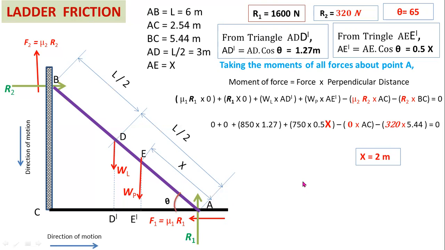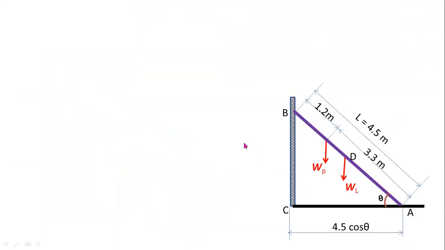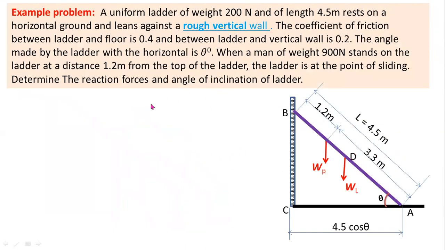Now, in a similar way, I'm going to explain another problem. This is the given question: a uniform ladder of weight 200 newtons and length 4.5 meters rests on horizontal ground and leans against a rough vertical wall. Here the surface is rough, so you have to consider frictional force for the vertical wall.